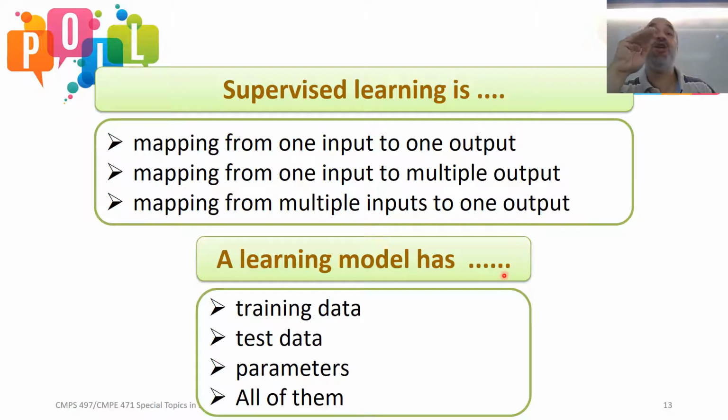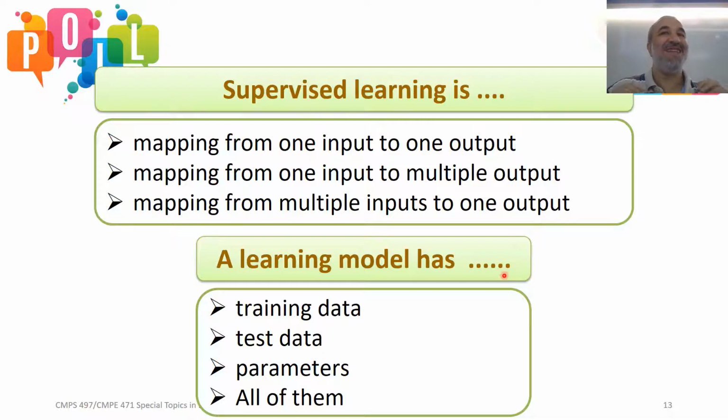No. We use the training data to train the model. We use the test data to measure how well the model generalizes. But that's not part of the model. The model has parameters. The data is not part of the model. The data is completely separate from the model. We use the data to fit the model for a specific problem. Is that clear?